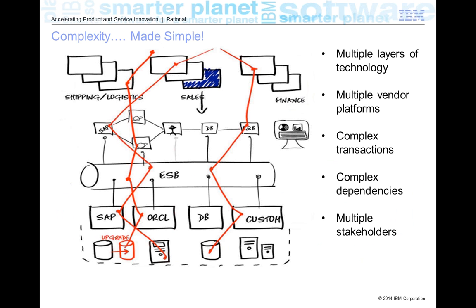We need to be able to make sense of whatever technology exists within a complex middleware environment in order for us to integrate with it, to drive test data in, and also to validate what's coming back out.